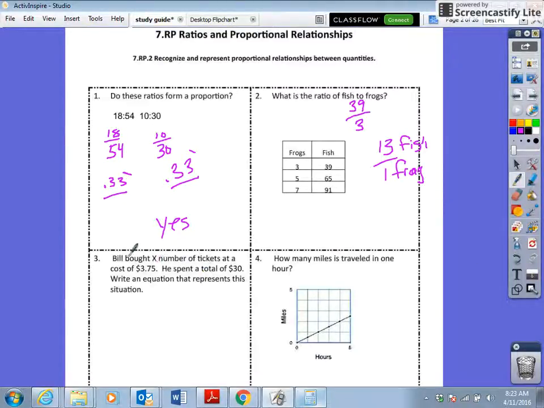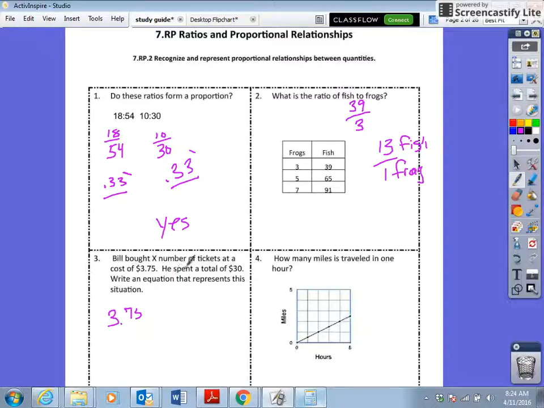Coming down here, Bill bought X number of tickets, X being what we don't know, at a cost of $3.75. He spent a total of $30. Write an equation, oh, there's that equation thing again, that represents this situation. So each ticket was $3.75.